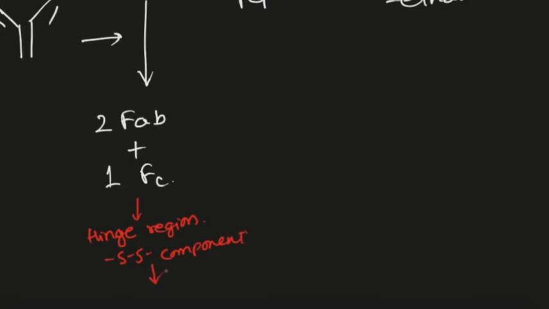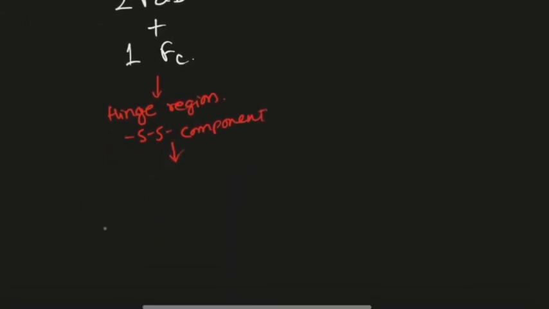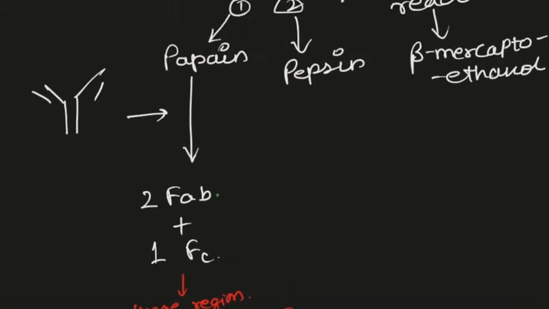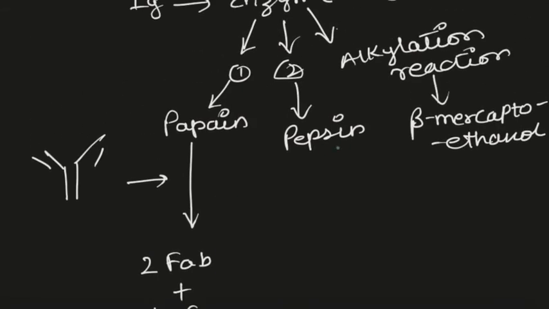It should also be remembered that when we talk about the hinge region disulfide component, it means it is targeting those groups, or those particular target molecules, which are close to the amino radical. Okay, now if we talk about pepsin, what happens here?